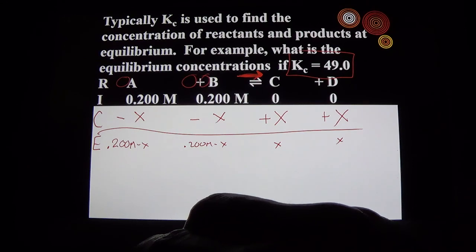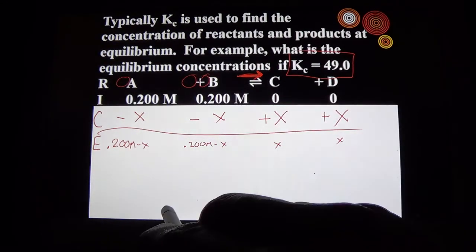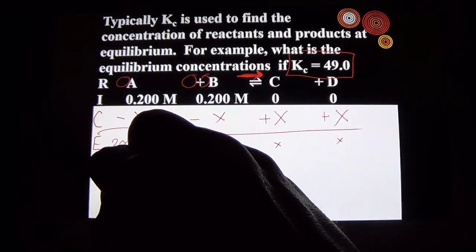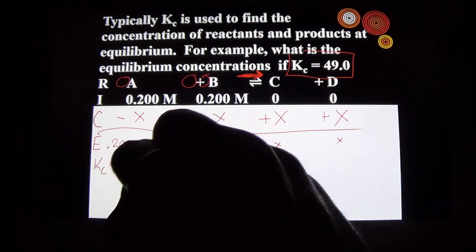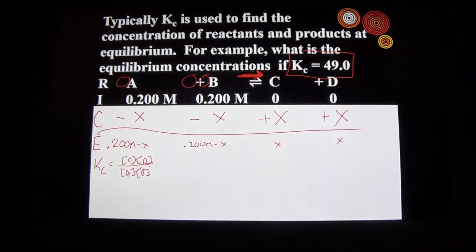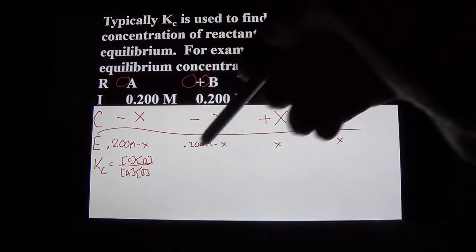No big deal so far. Well, I've simply summed up my columns. That's all I've done. Now let's write a Kc. Kc is equal to concentration of C times concentration of D divided by concentration of A, concentration of B, and I'm going to take that 30 seconds to be sure I've transferred in my coefficients. Very, very important.